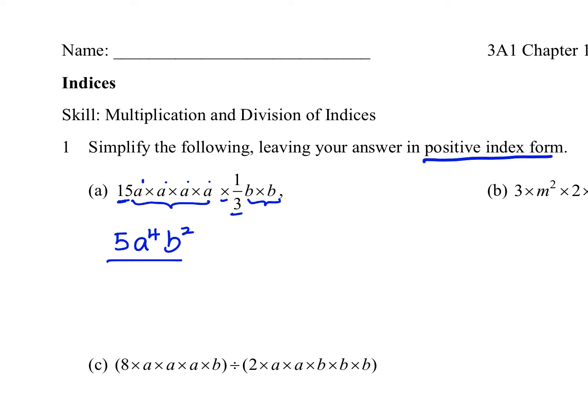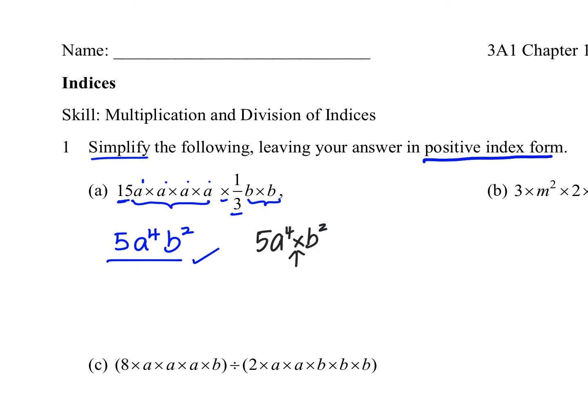Now, a common mistake is that some students will write the answer as 5a to the power of 4 times b to the power of 2. Notice that this multiplication sign is not necessary. So if you give this answer, this is actually the non-simplified form. The question did say to simplify, so we must give it in the simplest possible form. So this one will be your final answer.